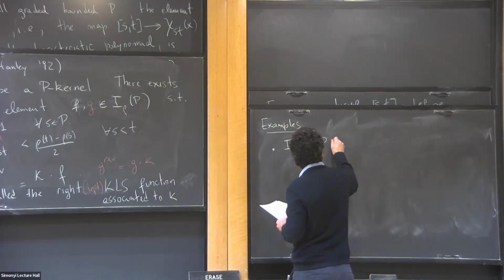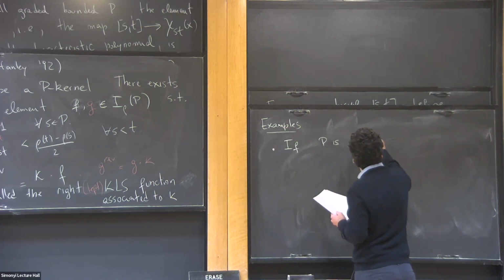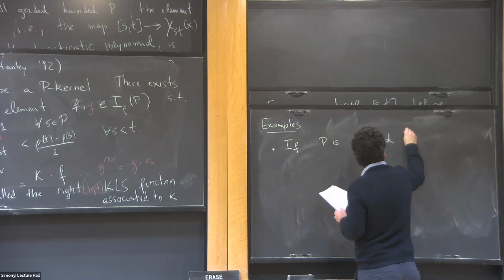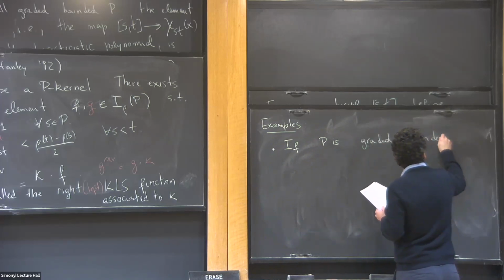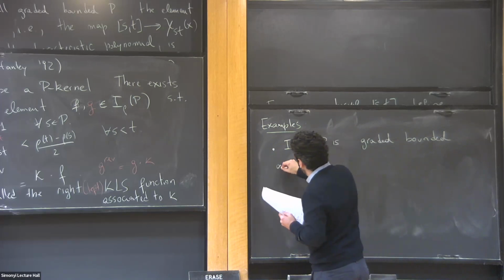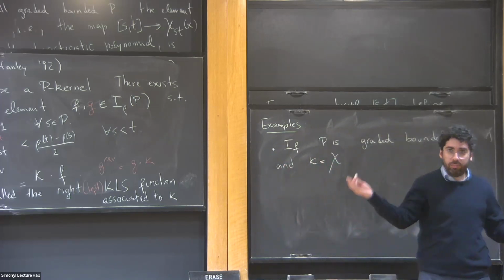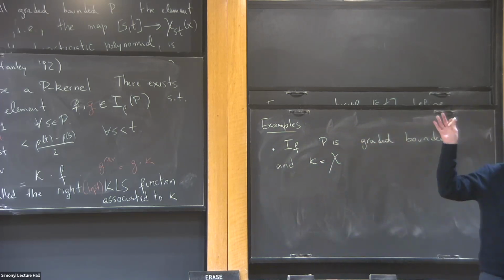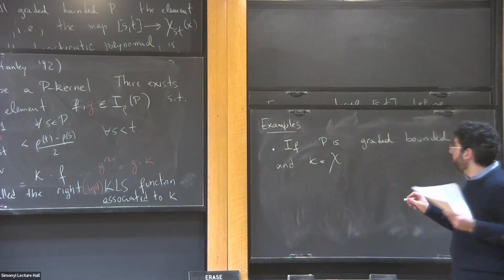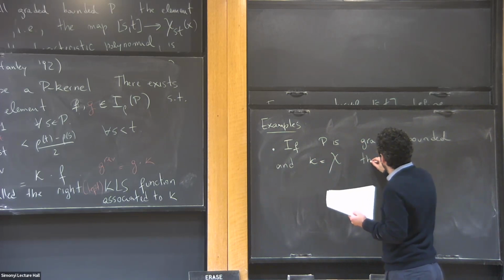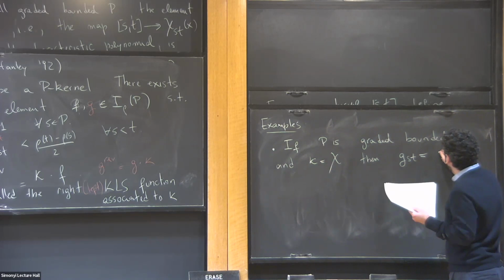If P is graded bounded and kappa is the characteristic polynomial, the first example that I told you, well, g_ST is identically 1.